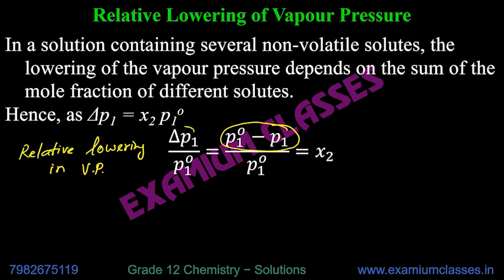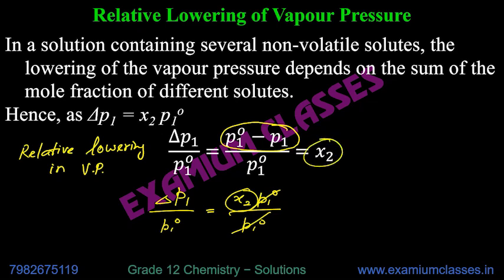Why X2? Because delta P1 is X2 P1 naught. So if I write delta P1 divided by P1 naught, it is X2 P1 naught divided by P1 naught. P1 naught, P1 naught got cancelled. It is equal to X2. So that's why X2.